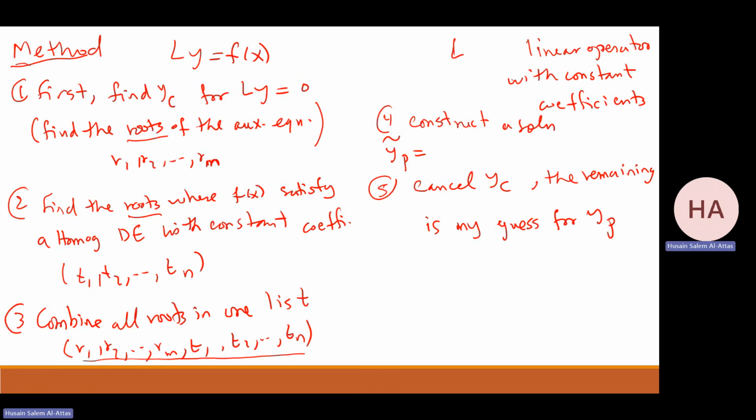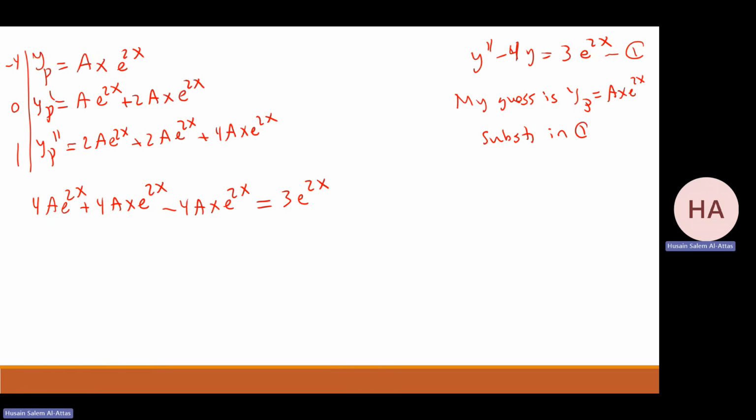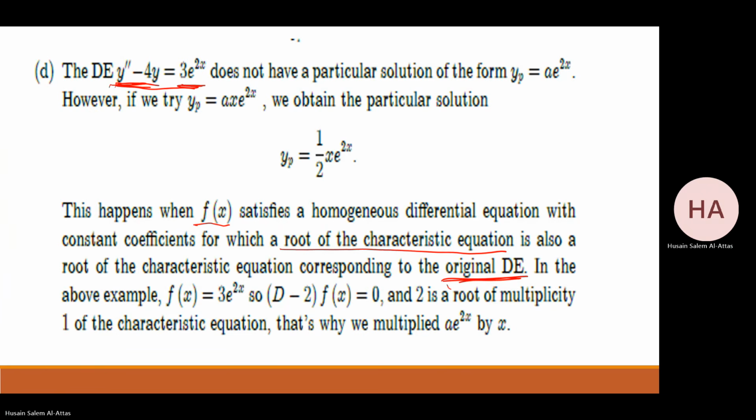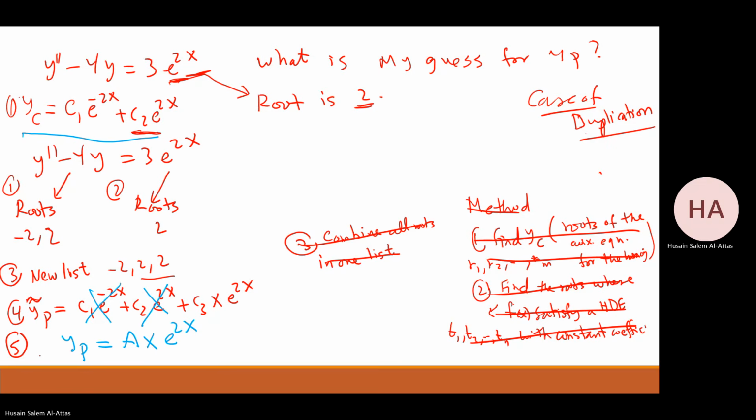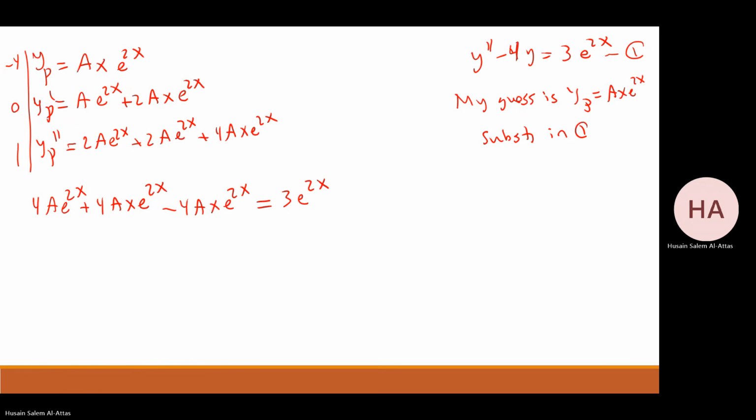What's the derivative of this? 2a e to x plus 4a x e to x.